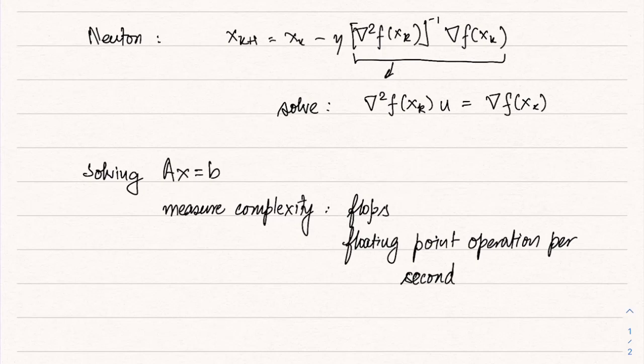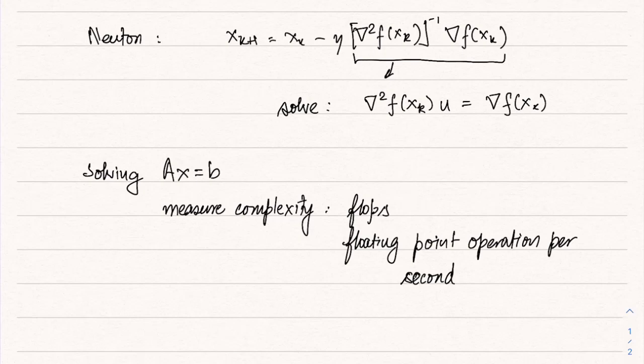In computers, a floating point operation is something like addition and multiplication. All other operations are carried out in terms of addition and multiplication, and the power of a CPU, for example, could be defined as the number of floating point operations it can carry out per second, and therefore the complexity of any operation can also be measured in those terms.